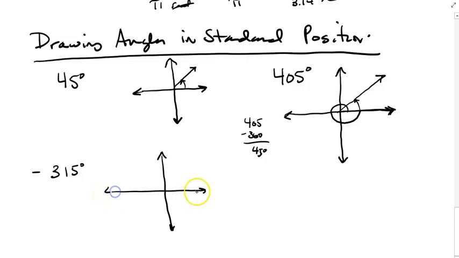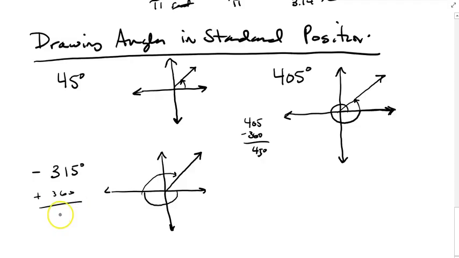Well, for a negative angle, as I mentioned earlier, we would start and we would move in a clockwise direction. So that's 180 degrees to get to here, 270, and then we would need an additional 45 degrees. The other way to think about it is simply take that negative angle and add 360 to it.